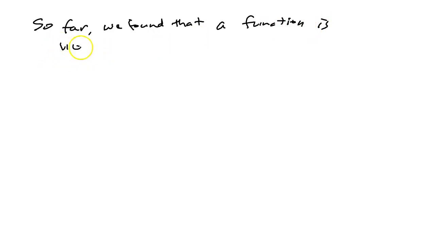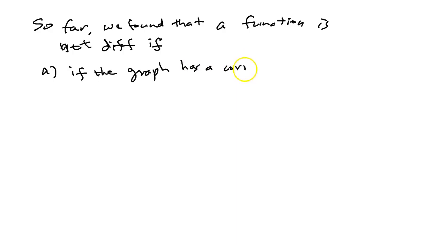Now, there is still another case where the function may not be differentiable. So far, we found that a function is not differentiable if the graph has a corner, or if the graph is not continuous.